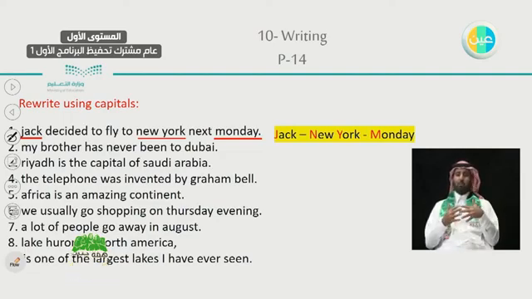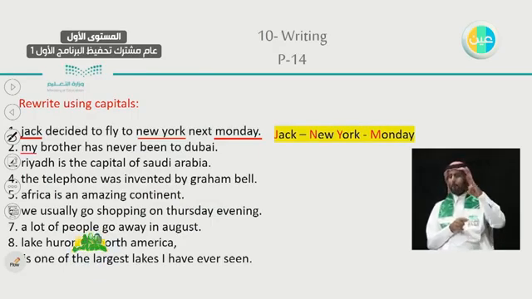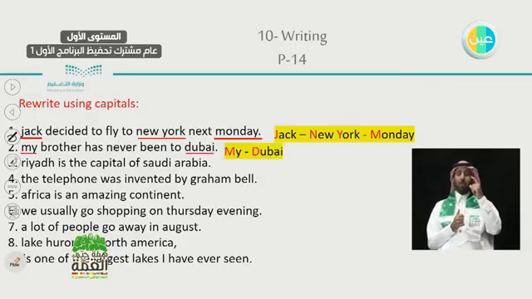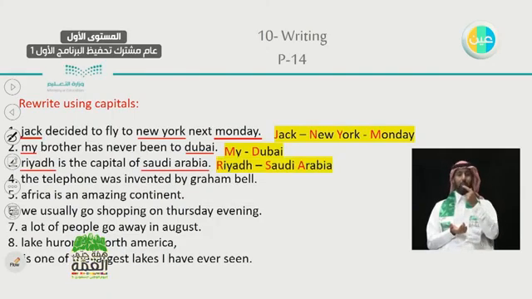Next, my brother has never been to Dubai. Then, my brother, the first word in the sentence, then Dubai, because it is a name of a city. Next, 3. Riyadh is the capital of Saudi Arabia. Riyadh at the beginning, and it is a name. Saudi Arabia is a name of a country as well.